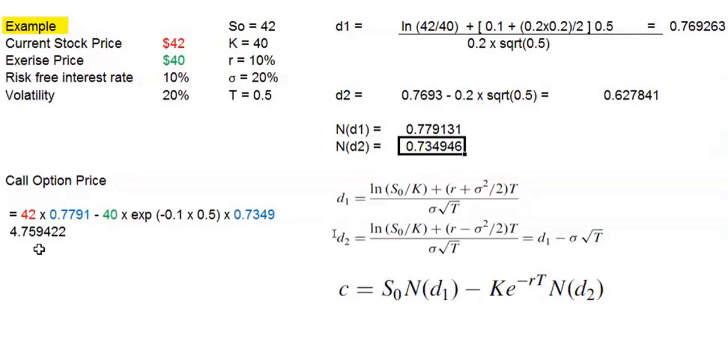So that gives you a call option price of 4.759422.